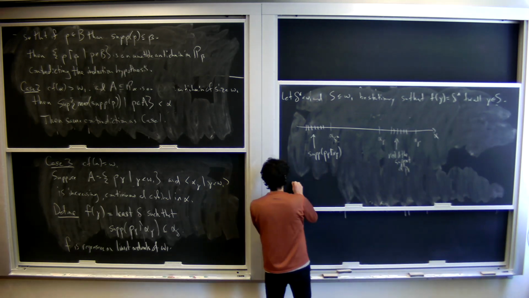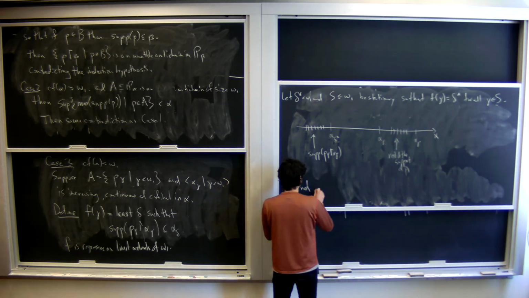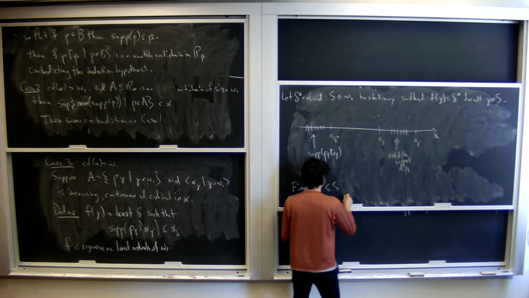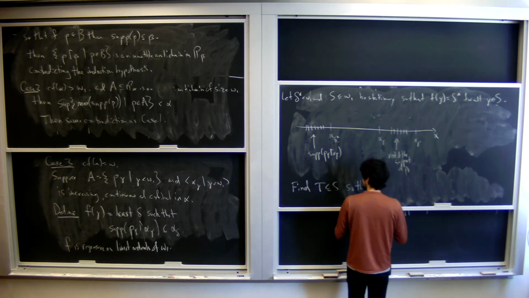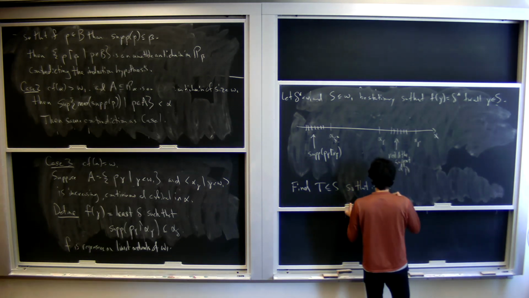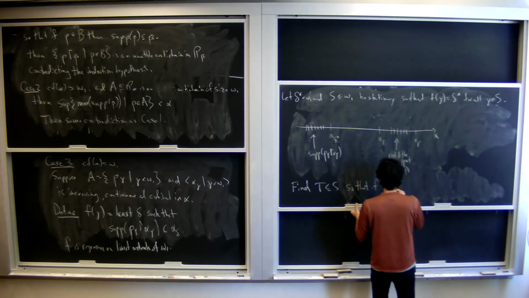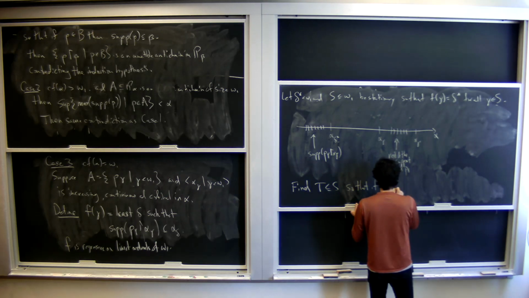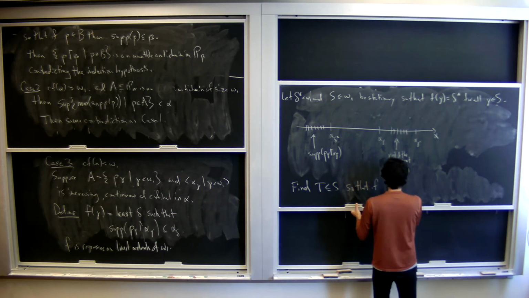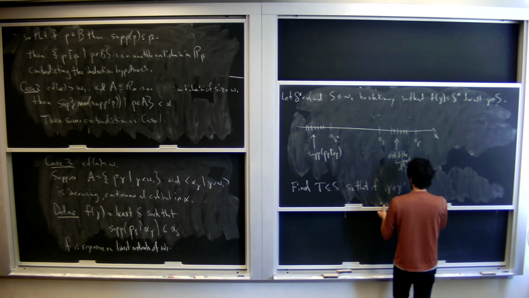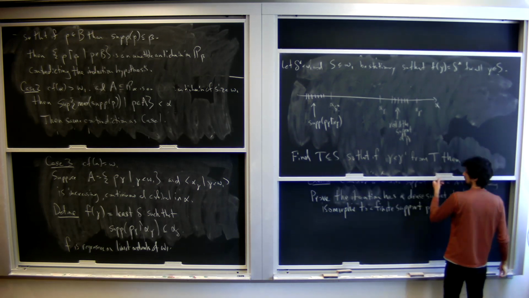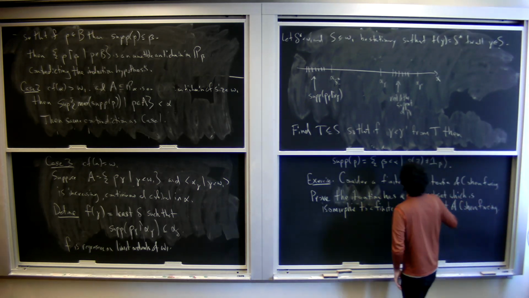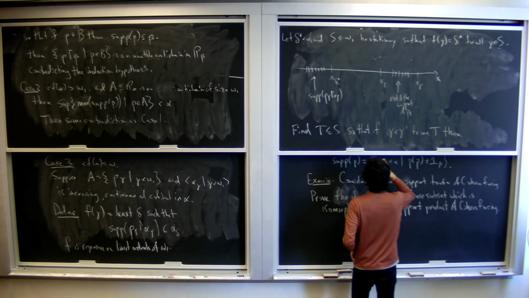So what are we going to use this for? We're going to use this to find T contained in S. If gamma and gamma prime are from T, then what do I want?